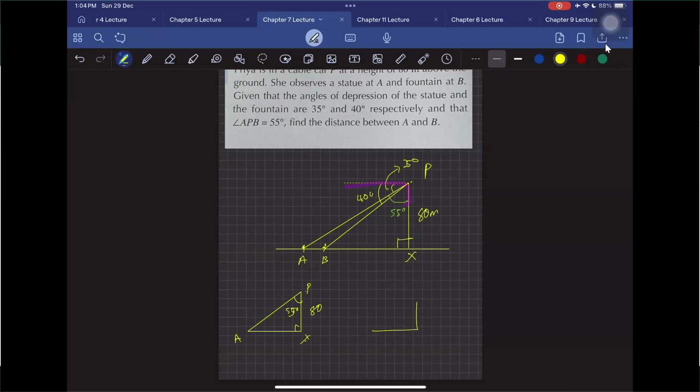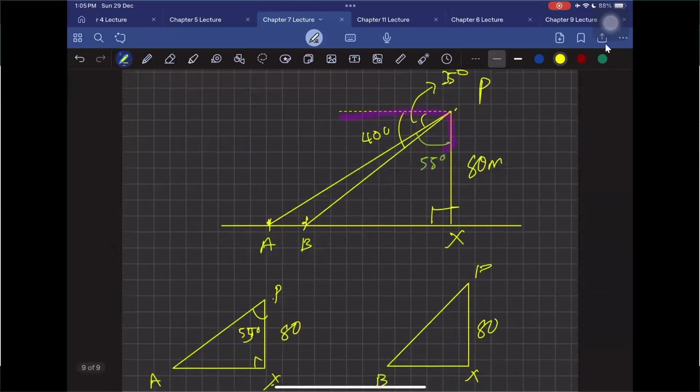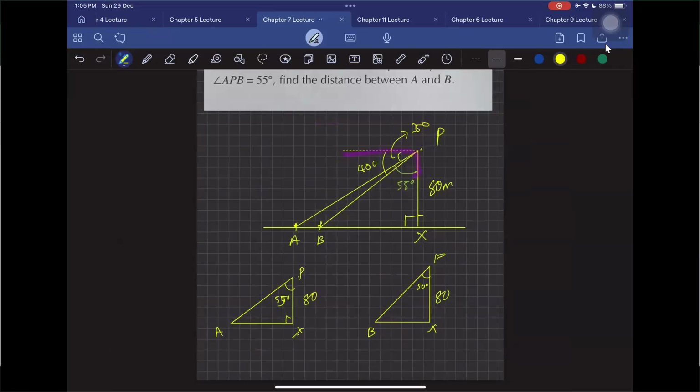And then your second right angle triangle, you have BPX. Again, this is 80 meters. And for this angle, it should be 90 minus 40, so it's 50 degrees. So how you're going to solve this is you should just use your trigo to find your BX and AX, and then minus off the distance to get your distance between A and B.